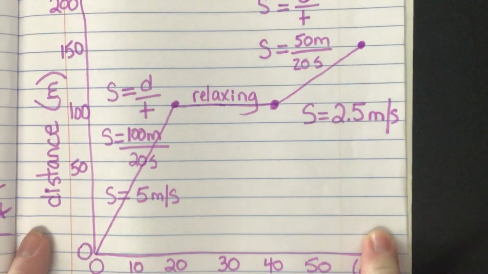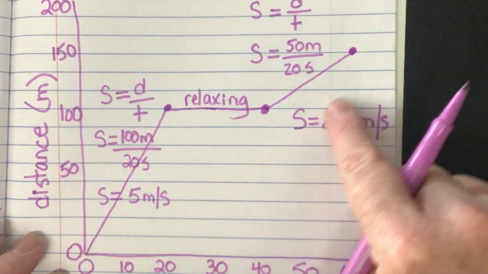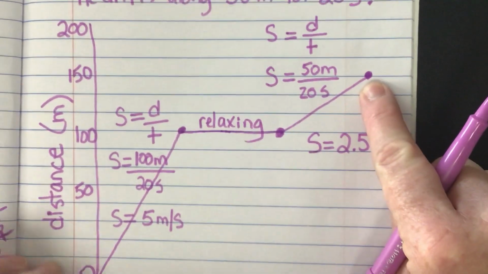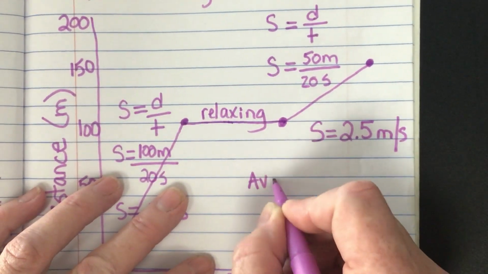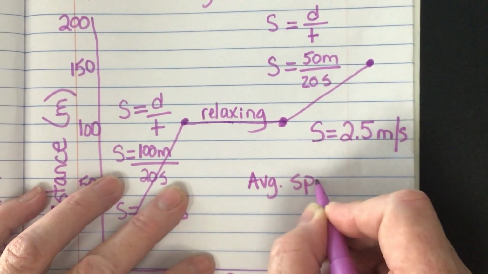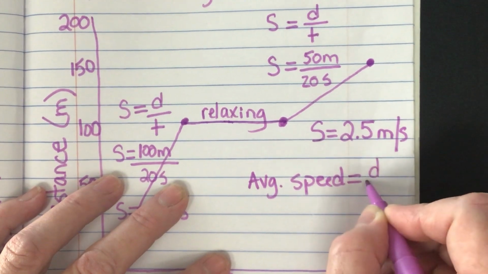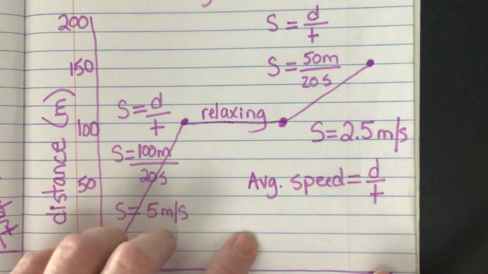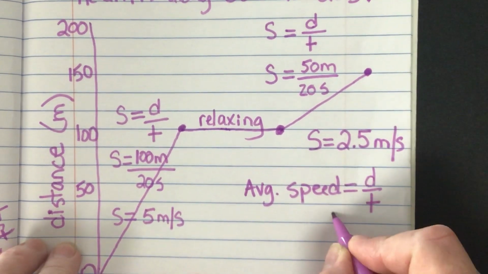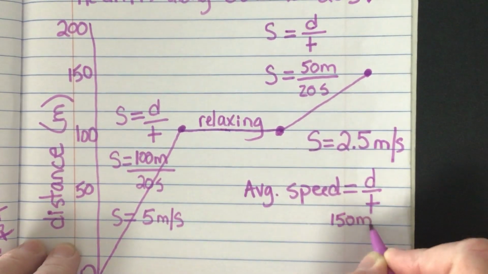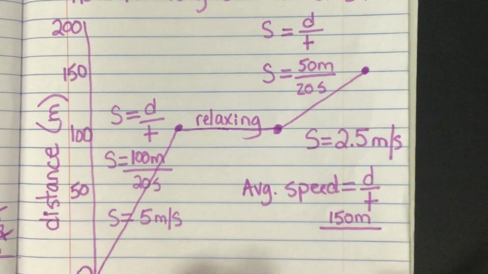Now, if we wanted to calculate his average speed, we would ask, how far did he travel in general? He went 150, right? So average speed is still distance over time. So let's get his average speed. He went a total of 150 meters over 60 seconds.